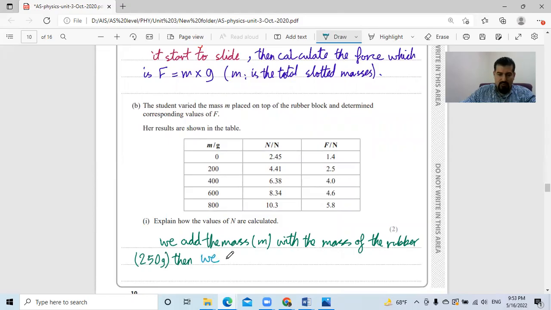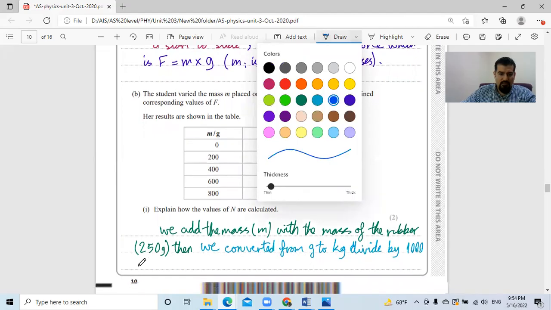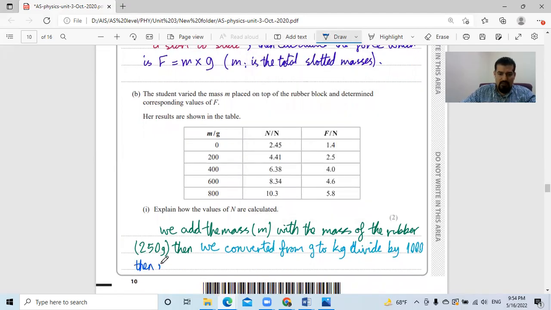We convert from gram to kilogram, divide by 1000, then multiply it by what? Multiply it by gravity acceleration, G.